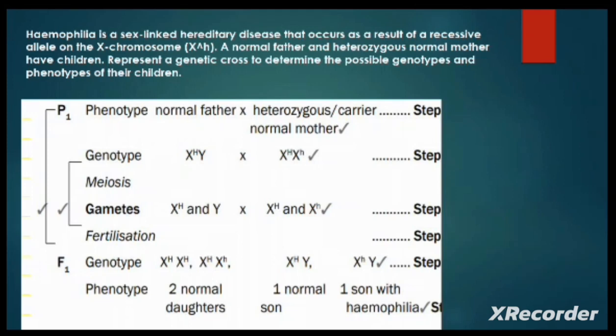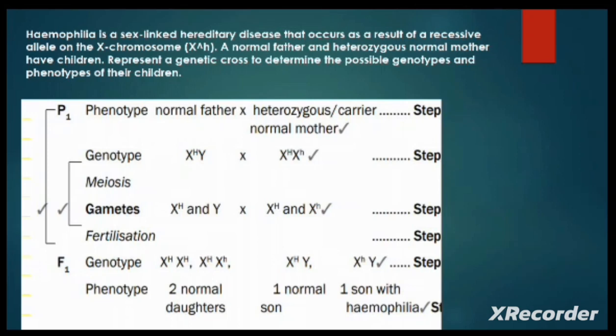And then again you're going to write P1, and next to P1 you write phenotype, and then you write genotype, you write meiosis, gametes, fertilization, genotype, and phenotype. And you need to know these things by heart, P1 to F1, because nobody would give them to you in your exam.